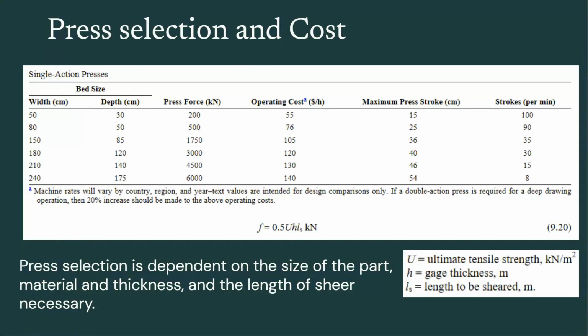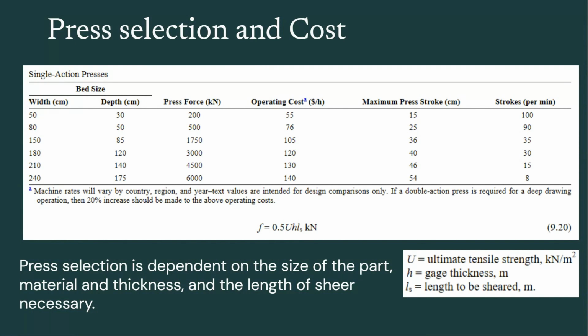In addition to the cost of the die to be formed and made and tooled, we also need to worry about the cost of operating the press as well. We need to understand what size of press we're going to use, and that depends on a few different features of our part.